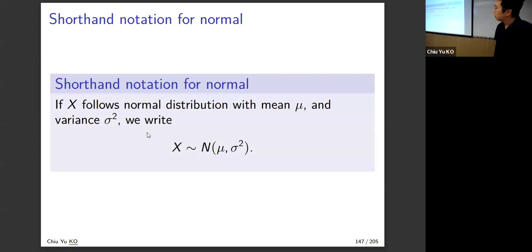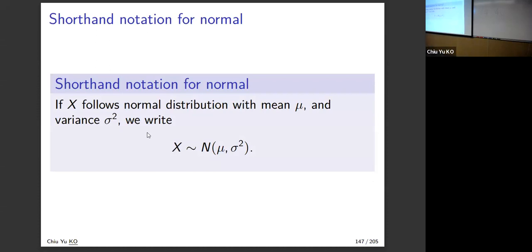So we have some notation here because the normal is so common. If X is a normal distribution with mean mu and variance sigma square, we'll write the shorthand notation. This is the standard notation in all textbooks, so it's not invented by me. Every textbook you read is like this.